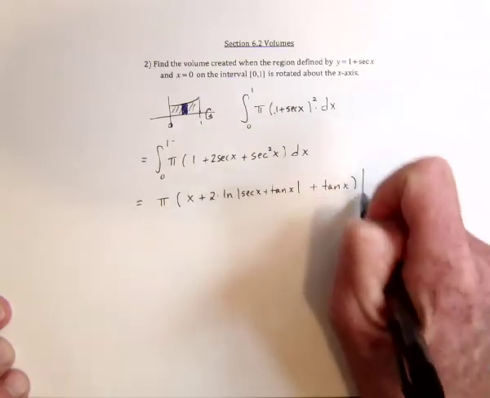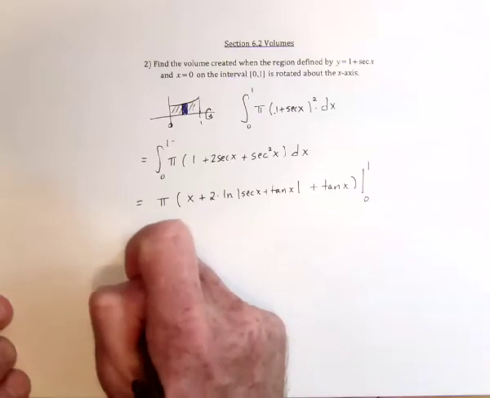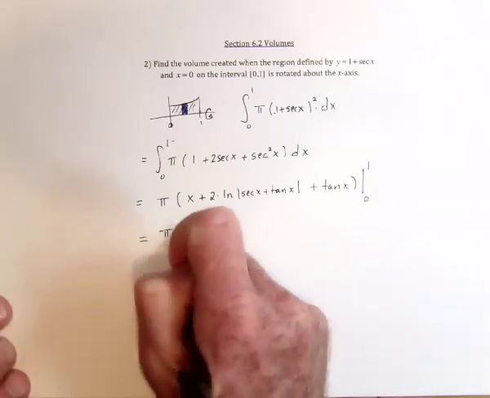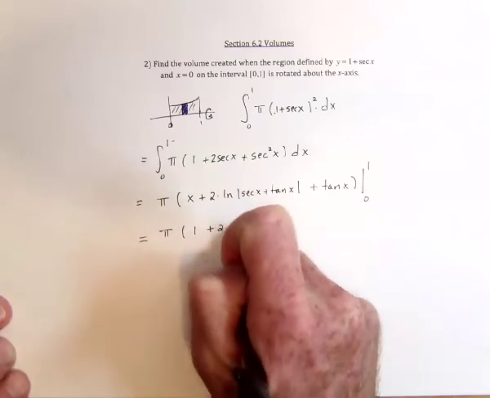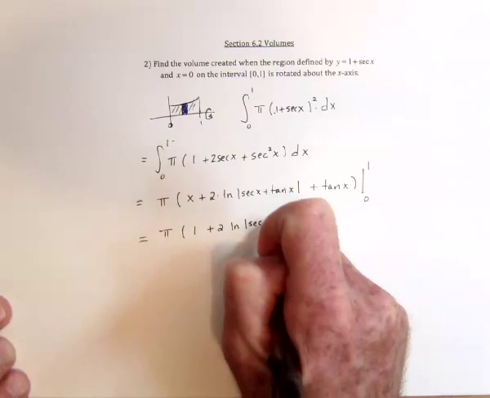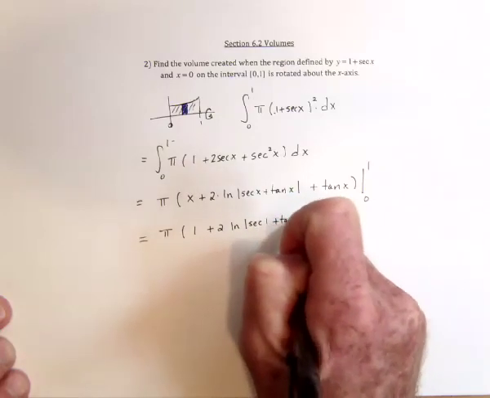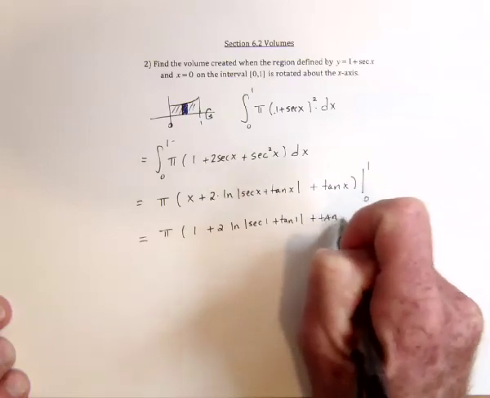And then we don't need a plus c because we're going to substitute numbers in, a 0 and a 1. So 1 first of all. So the natural log of secant of 1 plus tangent of 1, and then a tangent of 1.